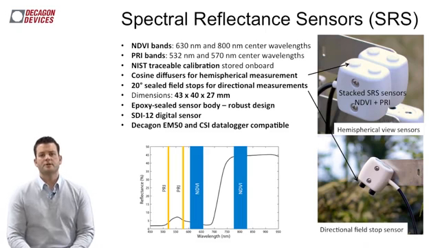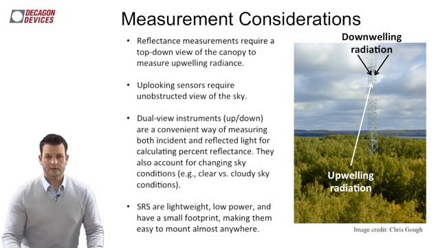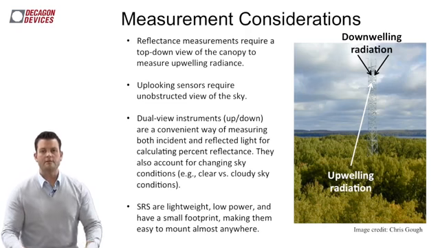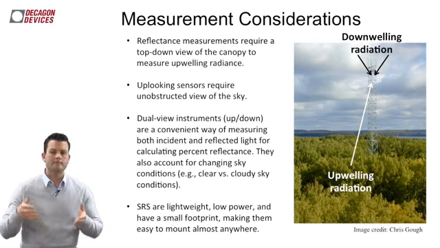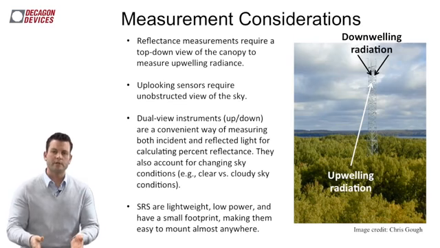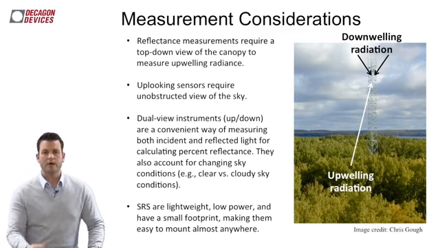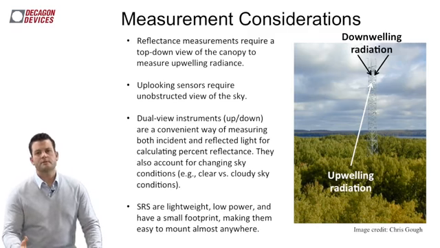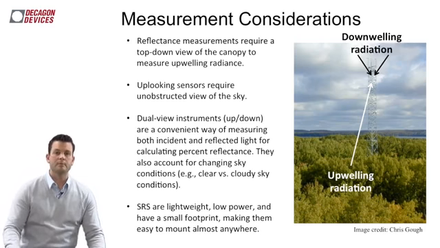So a few measurement considerations. If we're going to go out there and we want to measure spectral reflectance and we want to get PRI and NDVI, typically we're going to be interested in a top-down view of the canopy, at least for those radiance measurements or the upwelling measurements. So this requires that we get the instrument above the canopy.